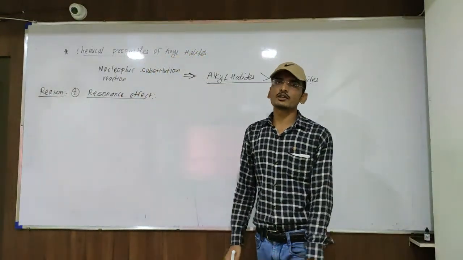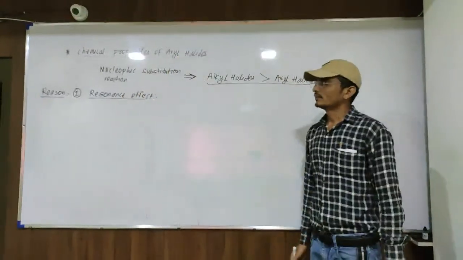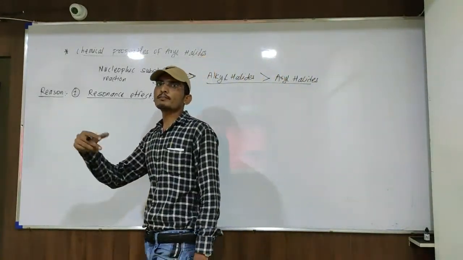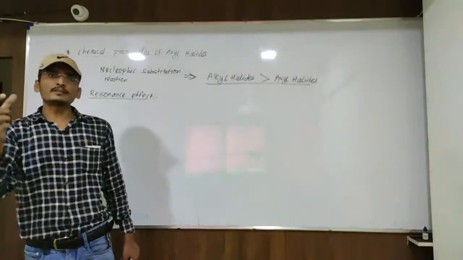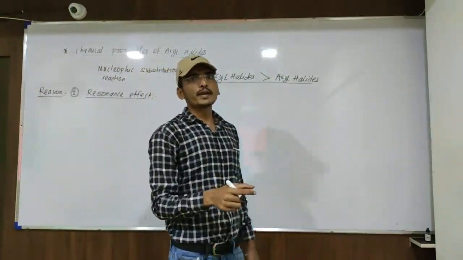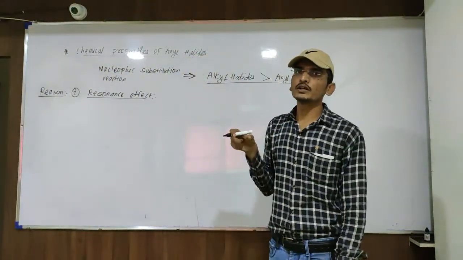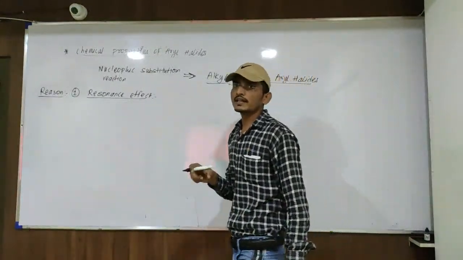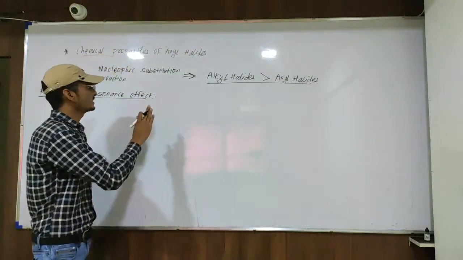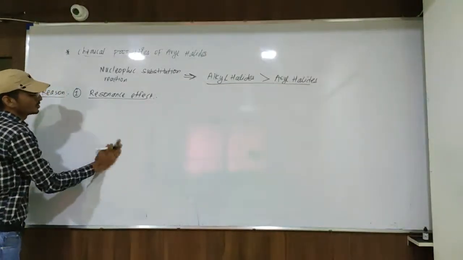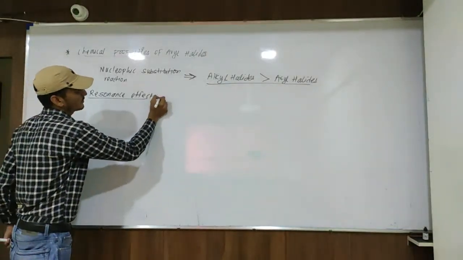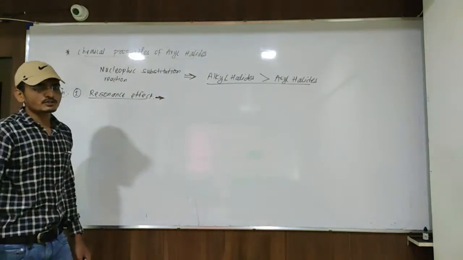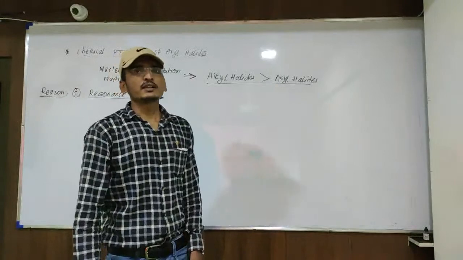Resonance is formed in the case of alternate single and double bonds, or when an atom containing a lone pair is adjacent to a carbon-carbon double bond.